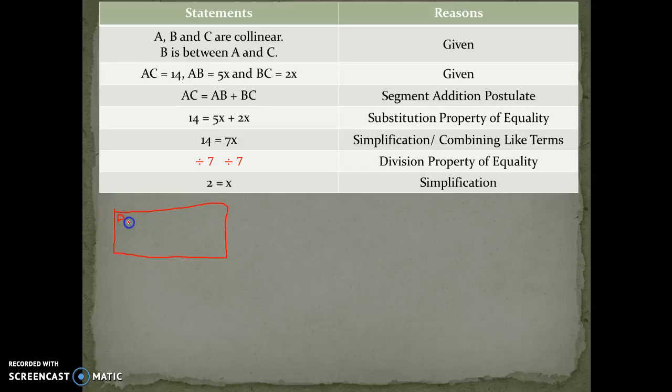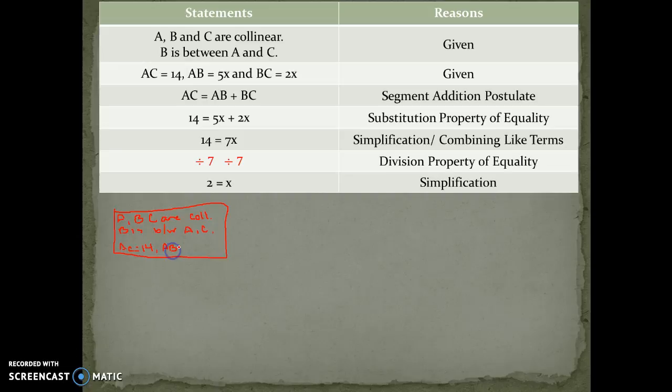So A, B, and C are, and I'm going to have to abbreviate here, collinear, C-O-L. B is between, so B/W stands for between, A and C. And we also know that AC was equal to 14.